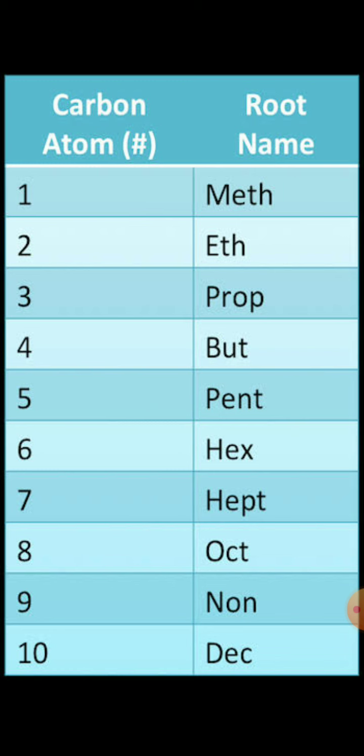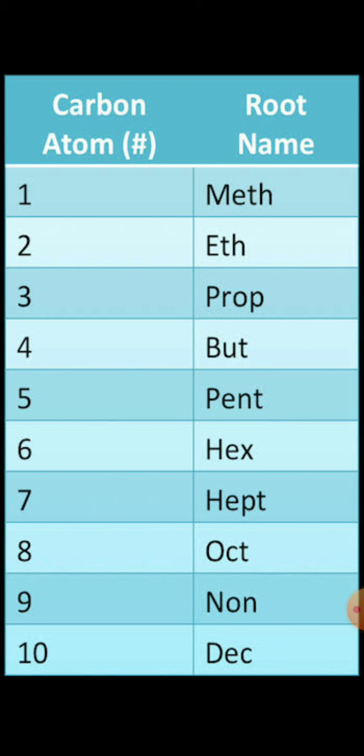That is why. If we have 2 carbon atoms in a compound, then the prefix will be eth. For example, ethane or ethene or ethyne. There all we have 2 carbons. If we have 3 carbon atoms, then the prefix is prop. Examples: propane, propene, propyne.